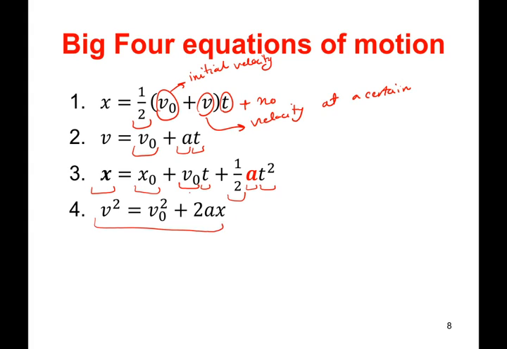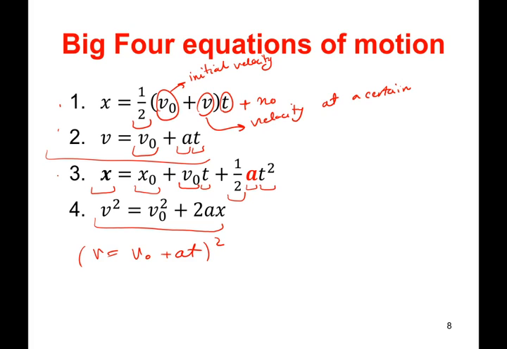But the rest of it is pretty easy. It's either using the definition or taking the integral, right? But this one is a little trickier. You can actually get to this equation using the first three. I'm going to use the second equation and put the two sides to the power 2.